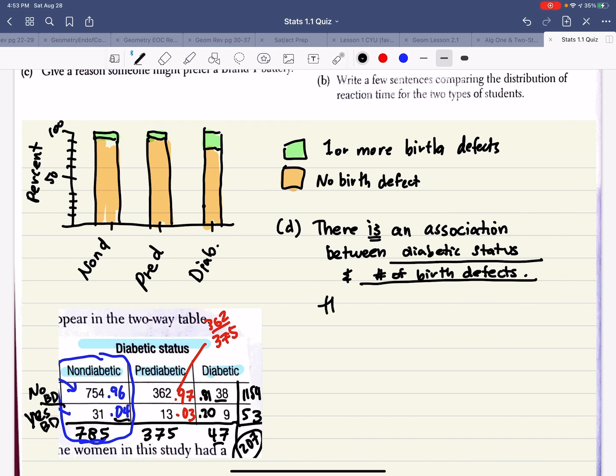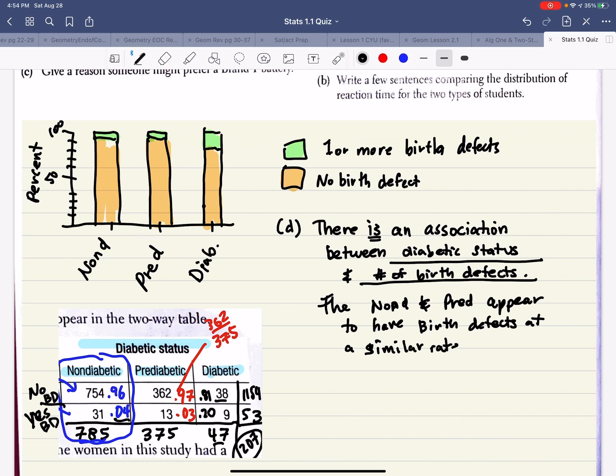And we can say just like we said, the first two bar graphs, the non-diabetic and the pre-diabetic, appear to have birth defects at a similar rate. Right? At around 96, 97%.